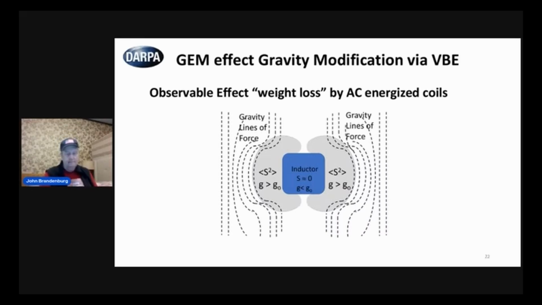The coil, which drives everything, feels less gravity, but the air around the coil, when you energize it with AC, so it has a fluctuating Poynting vector, gets slightly heavier, but the coil gets lighter. You can visualize gravity lines of force at a distance, just like around an airplane wing. You have the same static atmospheric pressure, but close to the wing the pressure varies in order to give you lift. Next.